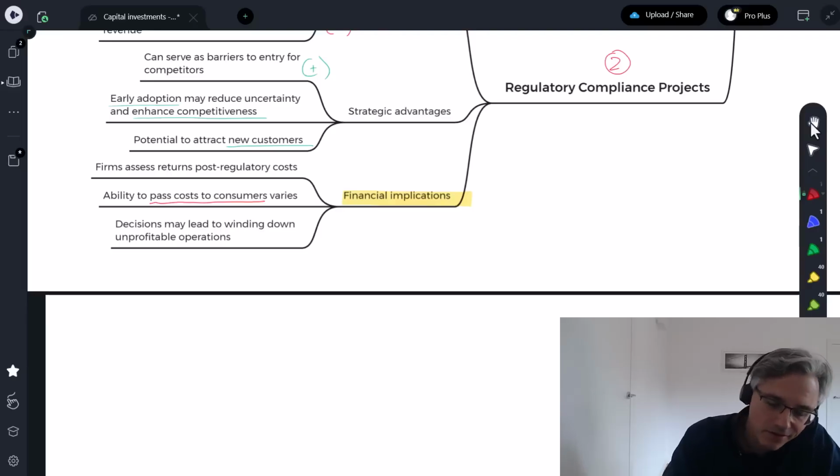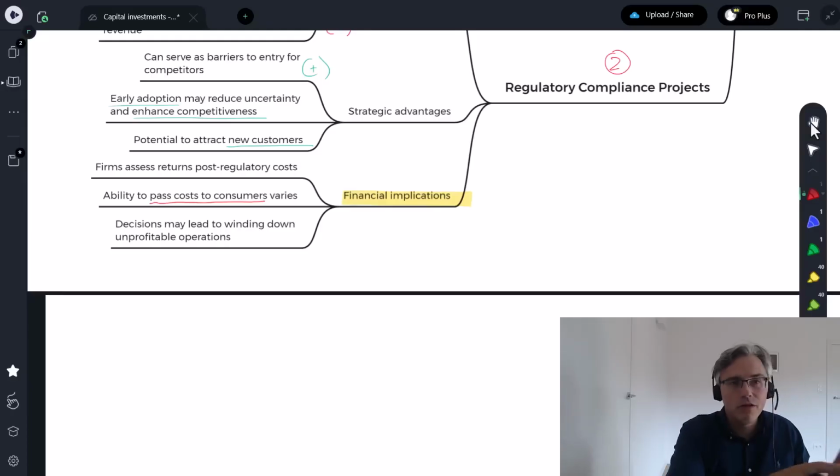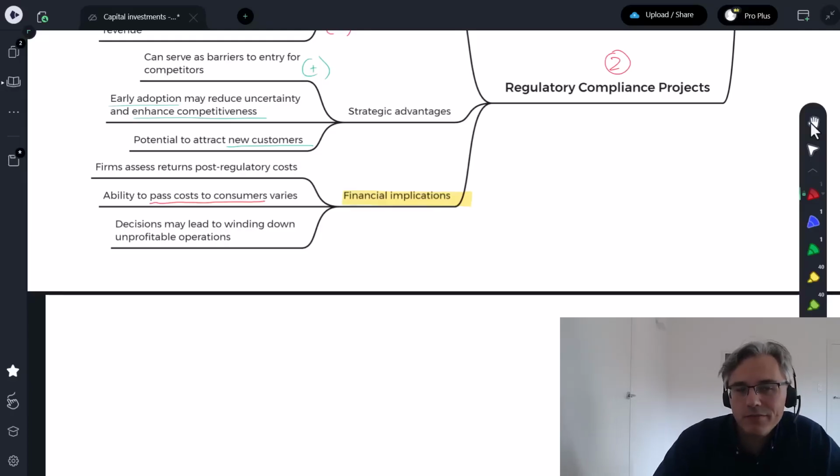That depends on the industry, but it may also cause the company to rethink which lines of operation are in fact profitable, and maybe it will lead to the decision to wind certain things down if it turns out to be unprofitable, taking these costs into account.